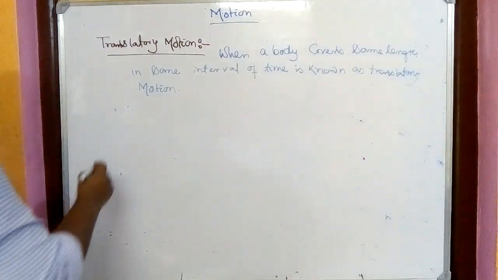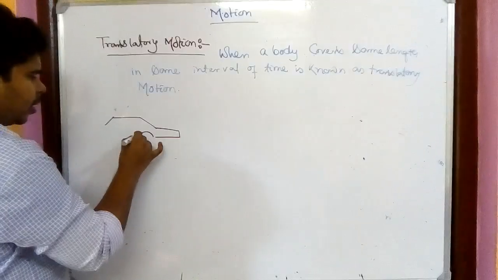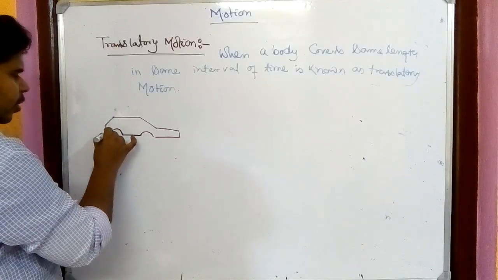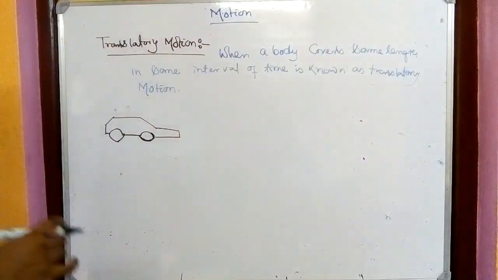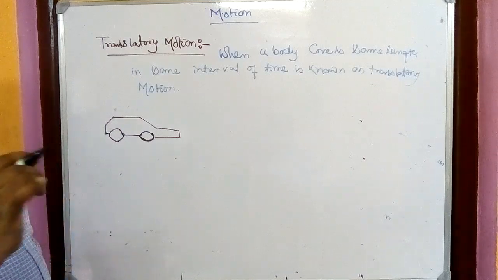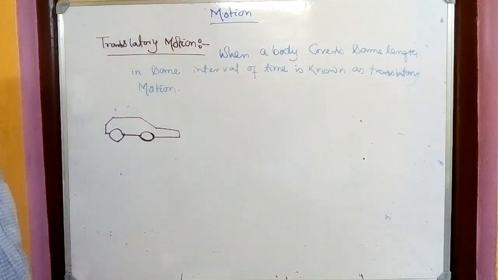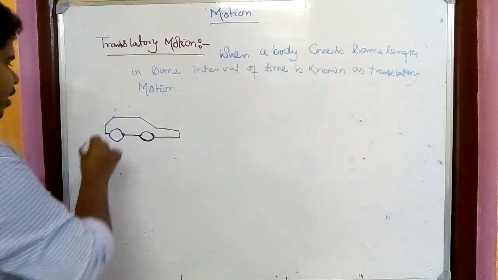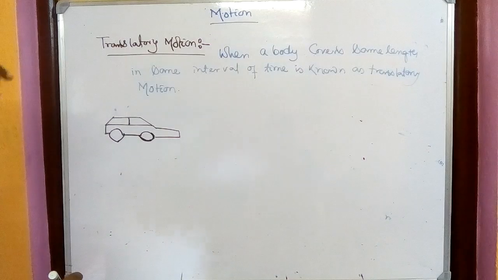Let's see. Assume one car is here. Now you might be asking, sir, you have given all the definitions with the help of a car? I use a car because the drawing of a car is comparatively easier. If I want to draw a motorcycle or a cycle, it is very difficult for me. So assume a car.